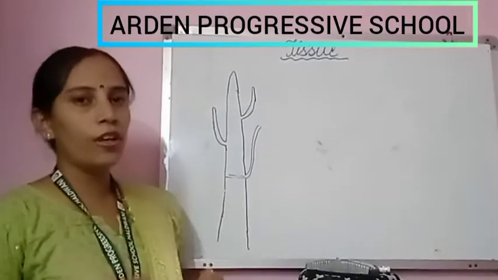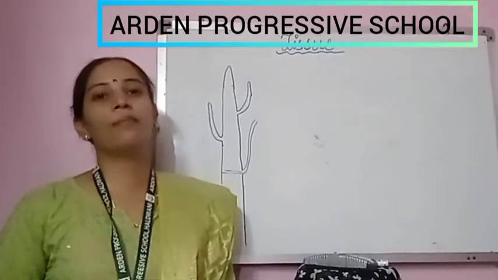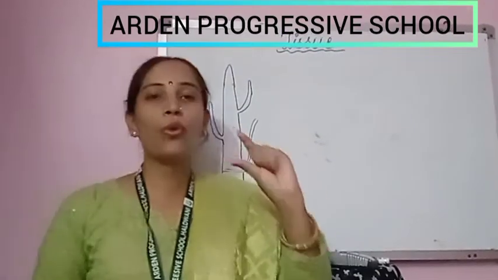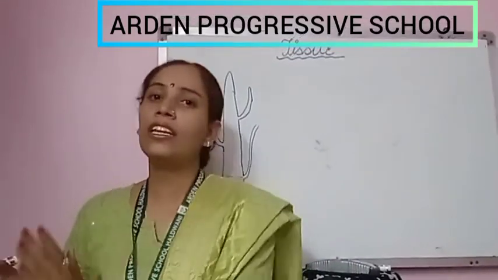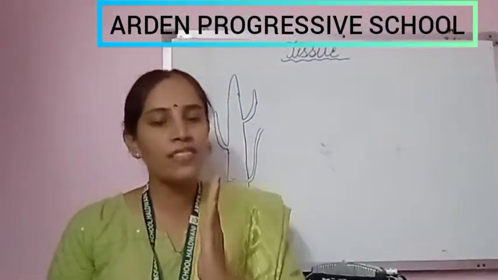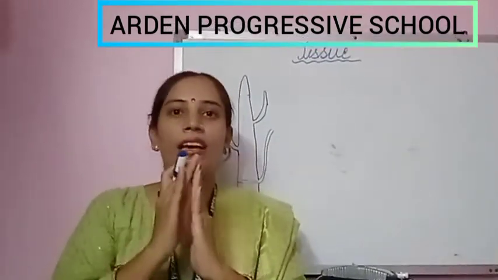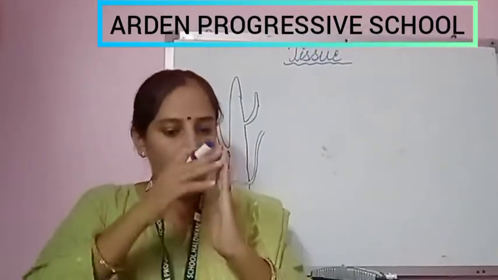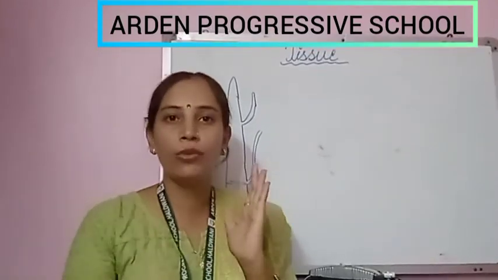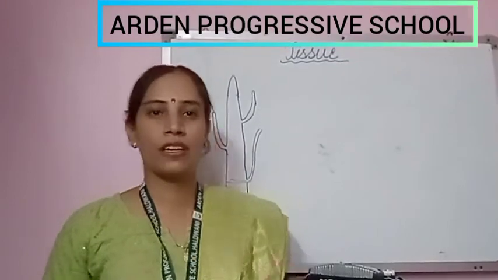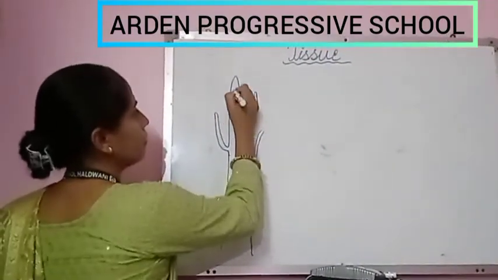First of all, the apical meristem. Students, apical meristem is present at the growing tips of the shoot and the root. Suppose the shoot is growing in this way. At the tip part, the apical meristem is present, and the root grows downwards into the earth, and at the tip of the root, the apical meristem is present. Here, this is the tip part of this figure.